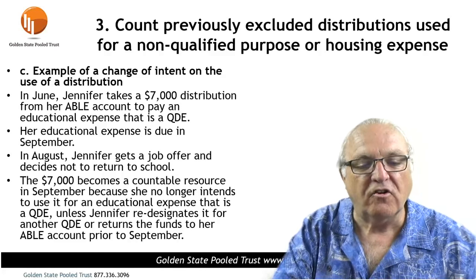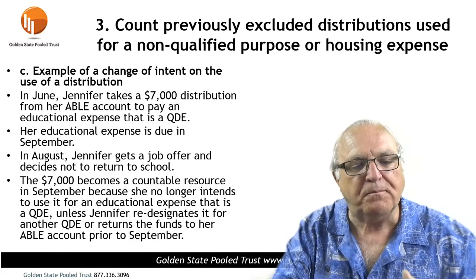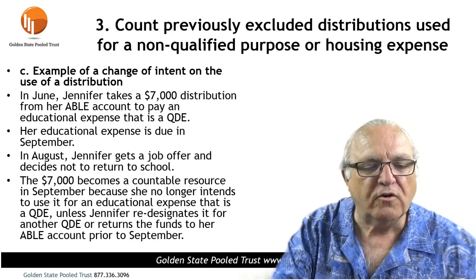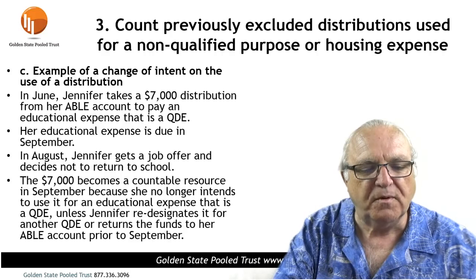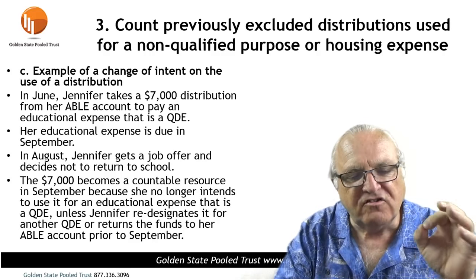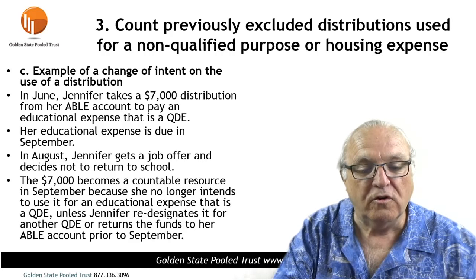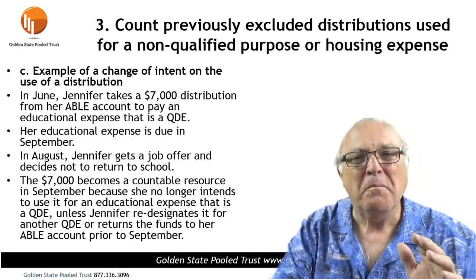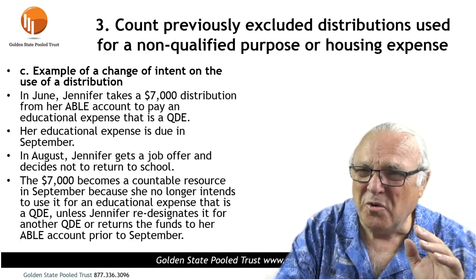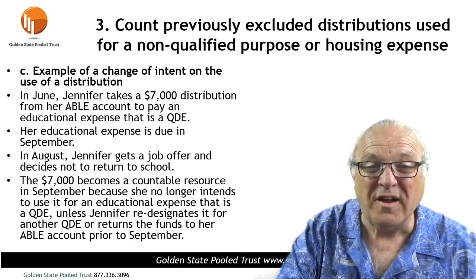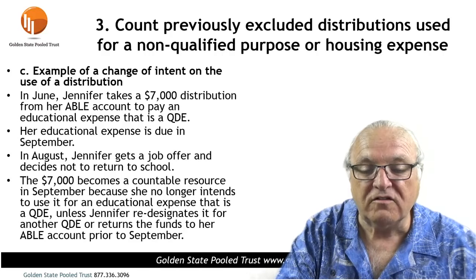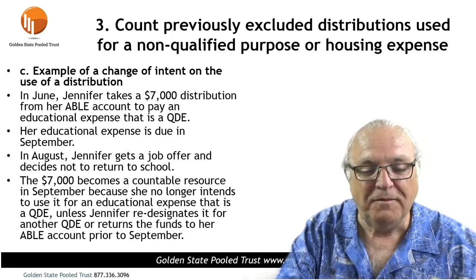The $7,000 becomes a countable resource in September because she no longer intends to use it for an education expense that's a QDE, unless she redesignates it for another QDE or returns the funds into the ABLE account prior to September. By the way, as far as I know, all of the ABLE programs are not going to ask you what the intent is. So that's something that you would have to keep track of yourself.